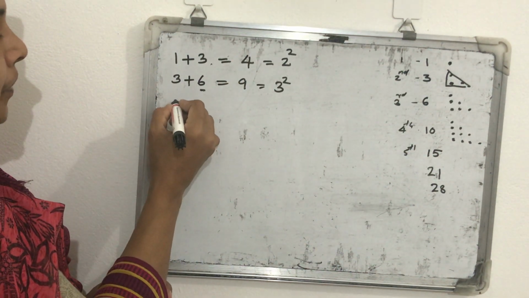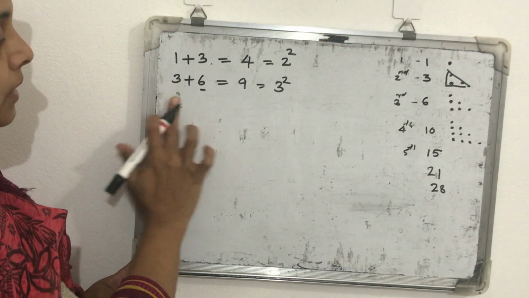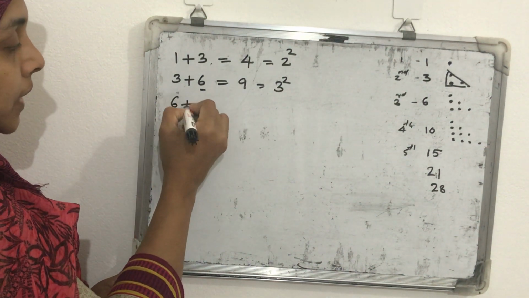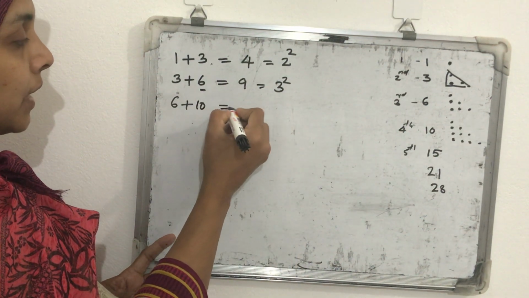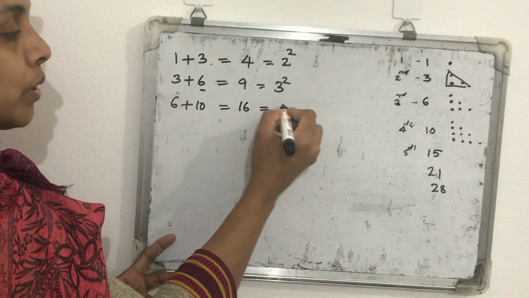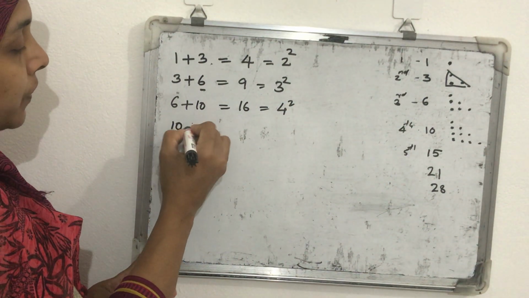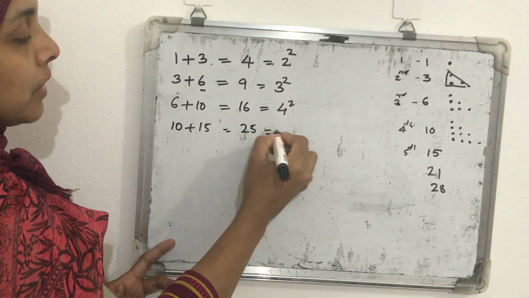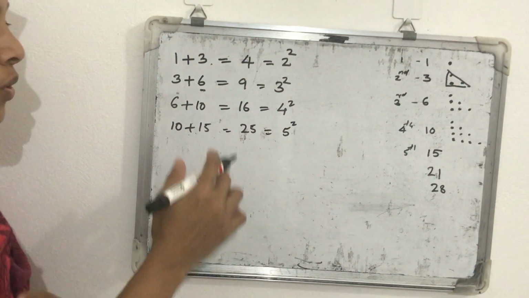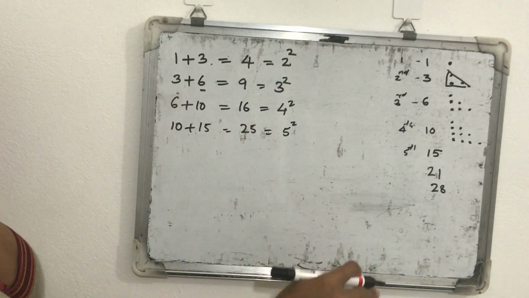Next, after 6, what is next? 6 plus the next triangular number, 10. 6 plus 10 equals 16. So it will be 4 square. Okay. Now 10 plus 15 equals 25. It is equal to 5 square. So we can see this pattern when we add consecutive triangular numbers.